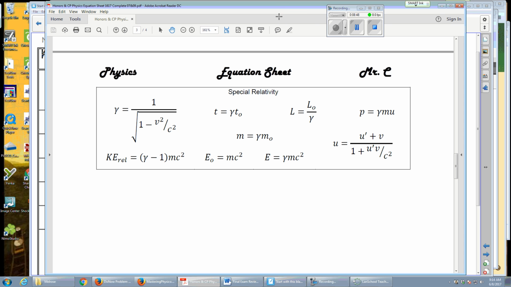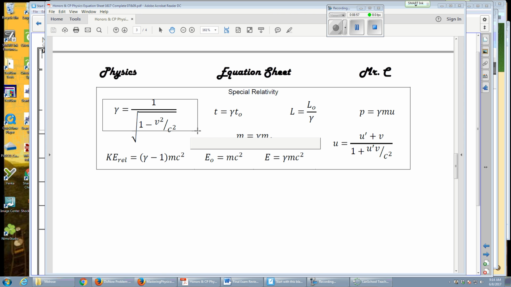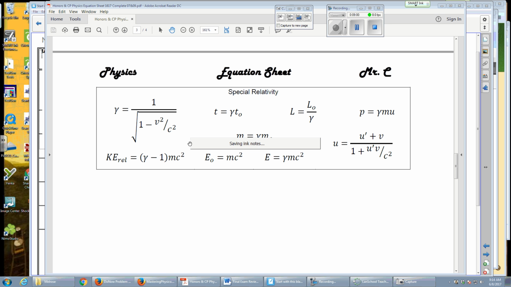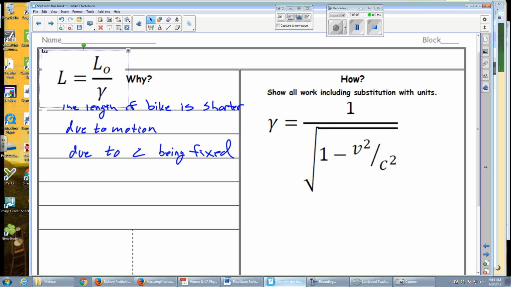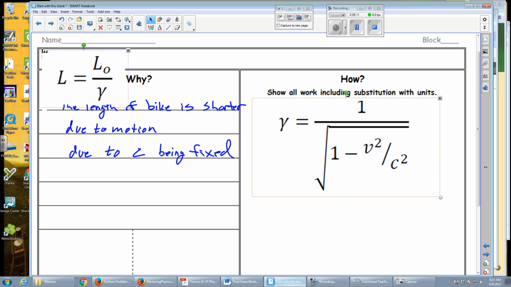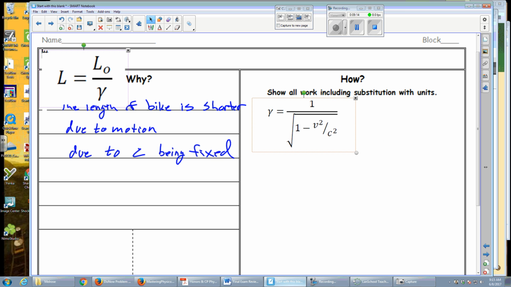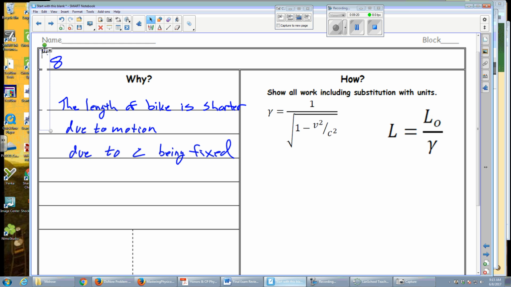And since things are moving, we know from last time that L is always less than L naught.